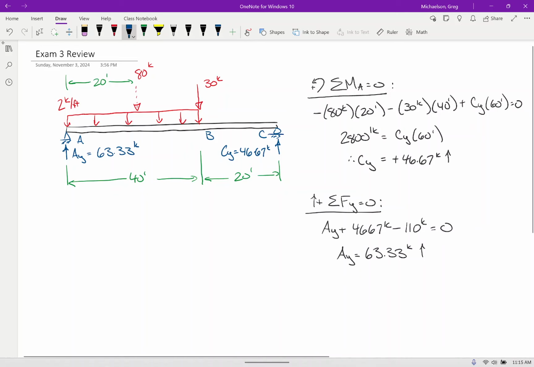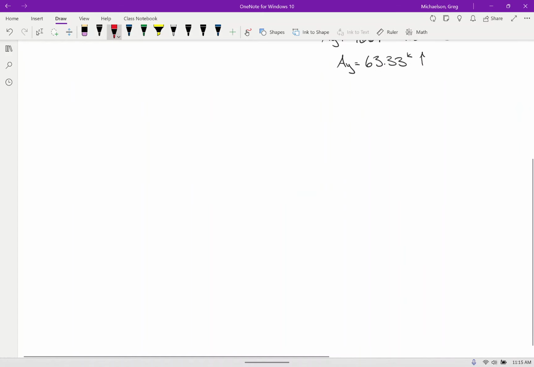This might be a stupid question, but can AY be negative? Yeah, absolutely, it can be negative. Here's an example of where it would be negative.